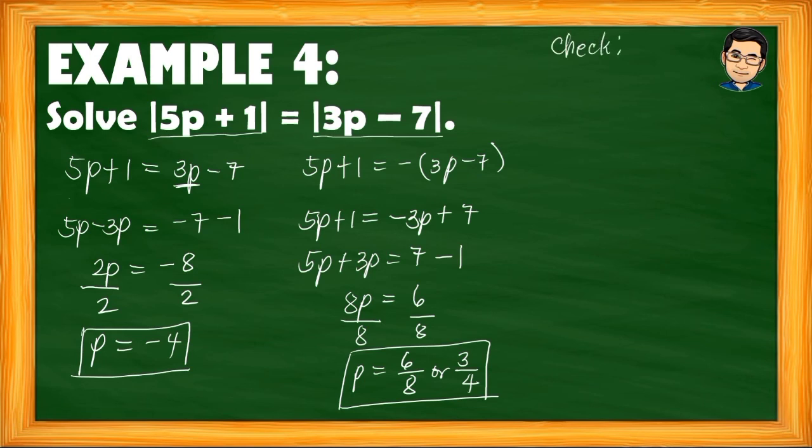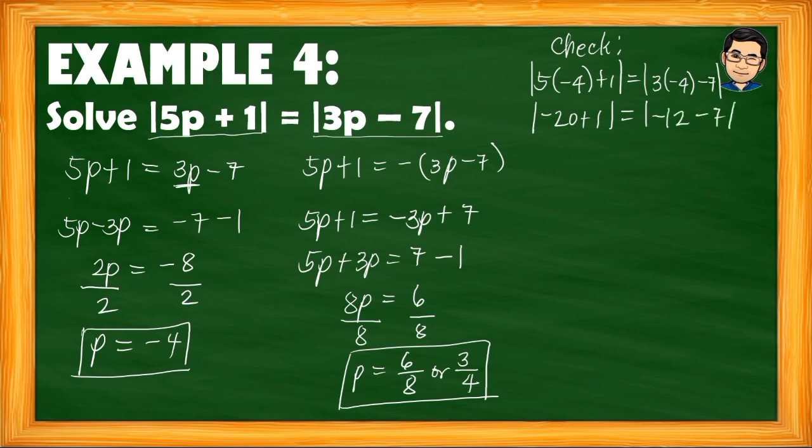So, the absolute value of 5 times negative 4 plus 1 equals the absolute value of 3 times negative 4 minus 7. So, 5 times negative 4 is negative 20 plus 1 equals 3 times negative 4 is negative 12 minus 7.